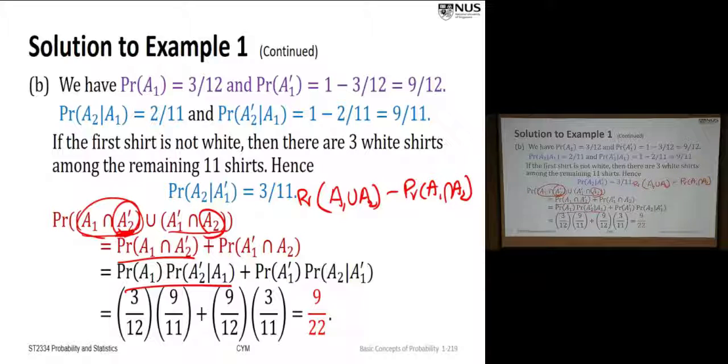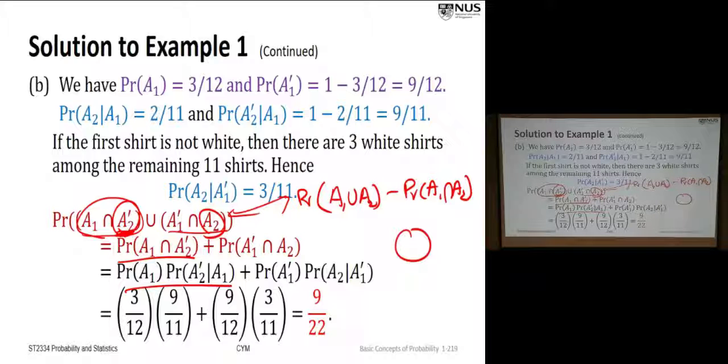It's the same answer. It can be proved. You think of it, the first one is the chance that you get one white shirt as the first one and one white shirt as the second shirt. And it can happen that both first and second are white shirts. So I have to eliminate this double counting. I don't want to include this part. You can think of it like this. But I can prove it mathematically.